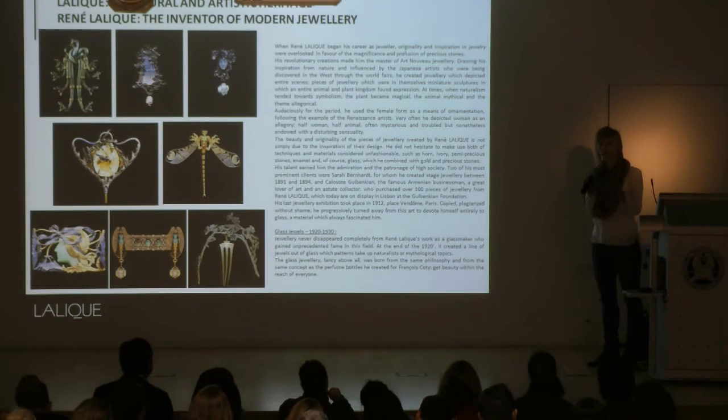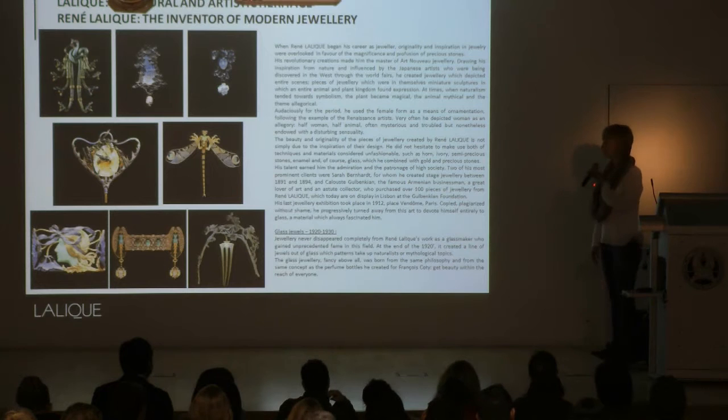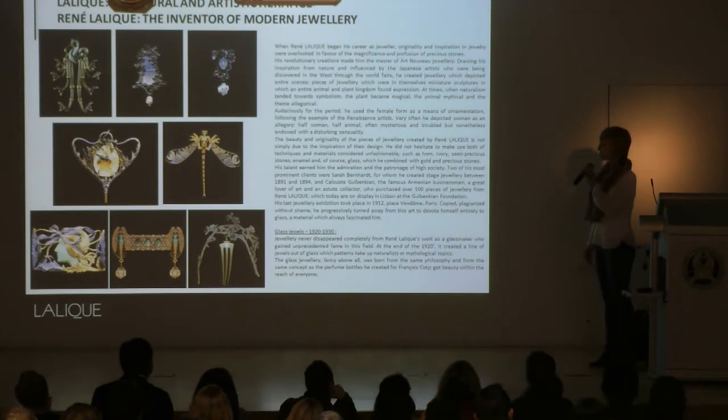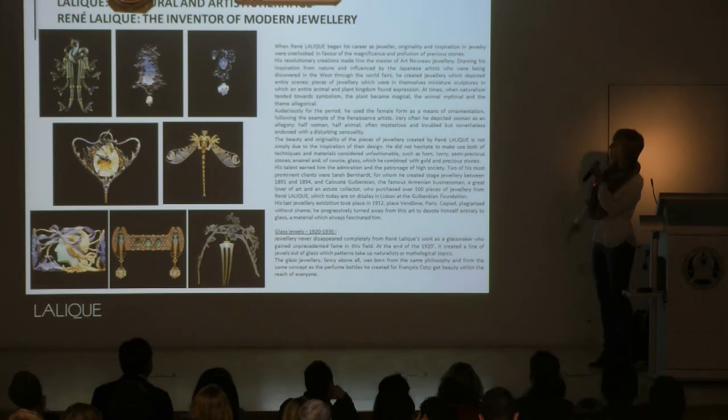He was creating, in the very beginning, jewelry, as I said, for Cartier, for Boucheron, so very famous, till he got brave enough to work on his own jewelry items. And he was selling that.